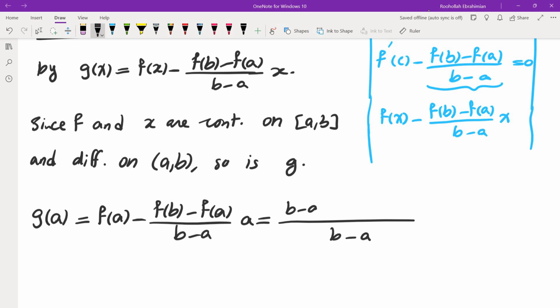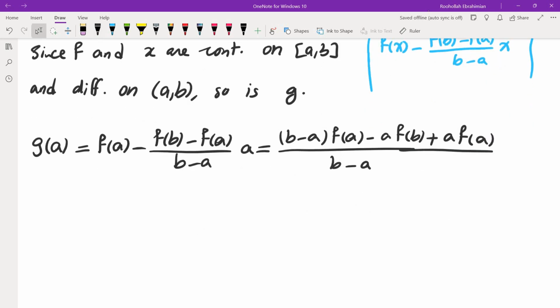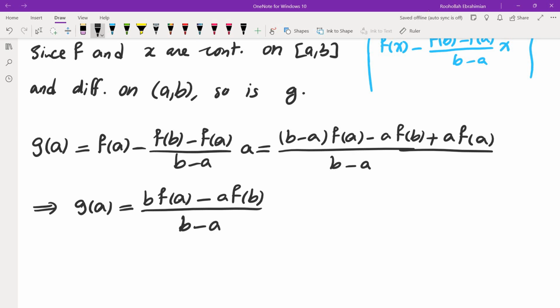We get b minus a times f of a minus a f of b plus a f of a, and the a f of a cancels. So that means g of a is equal to b f of a minus a f of b, divided by b minus a.